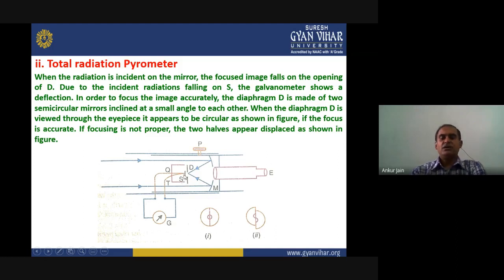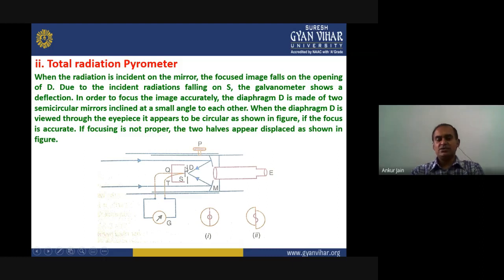Now to focus the image accurately, the diaphragm D is made of two semicircle mirrors inclined at some angle to each other. When this diaphragm D is viewed through the eyepiece, it looks like a perfect circle. You can see here in the image first.